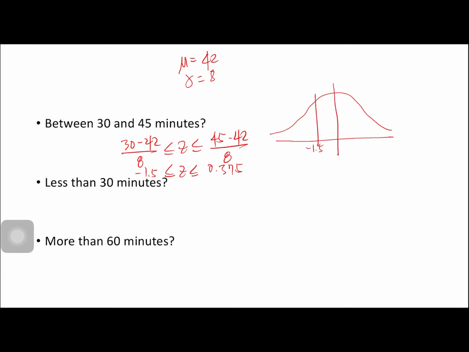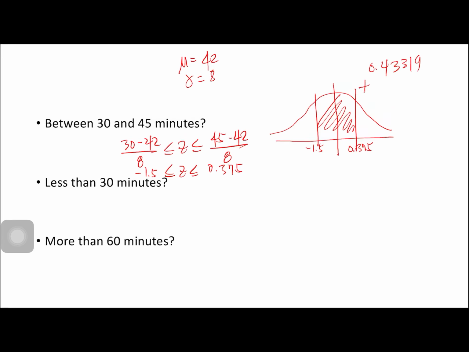Okay? So, in our normal curve, we have here our -1.5 and positive 0.375. So we need this area. So that is Q of 1.5 plus Q of 0.375.